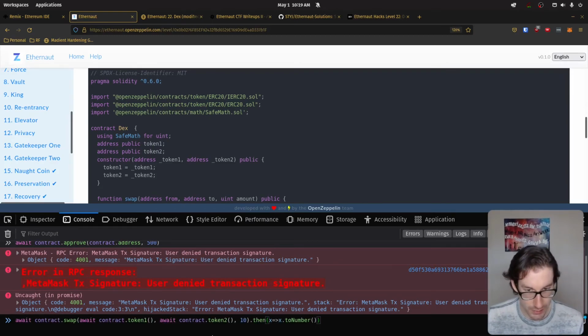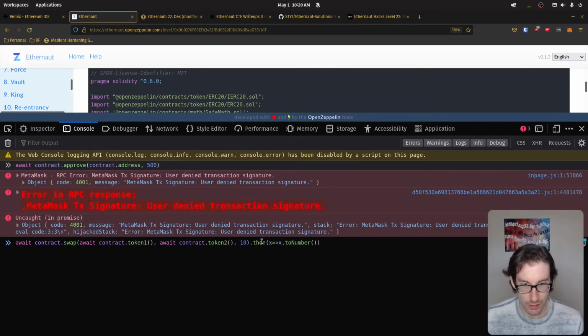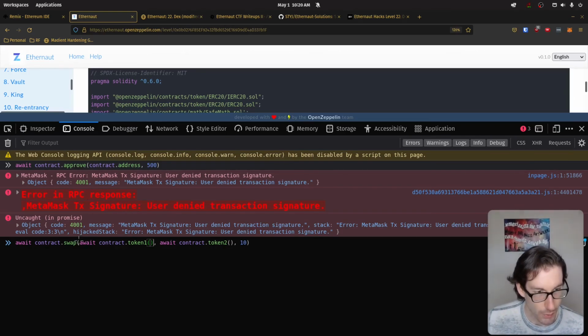So here you can see in this swap request that I've made, we can ignore that. That doesn't matter. All right, is this right? I have too many parentheses. Cool. So in this swap, you can see basically I'm going to take the address of token 1. So I'm going to say I want to swap this first address for this second address for this amount.